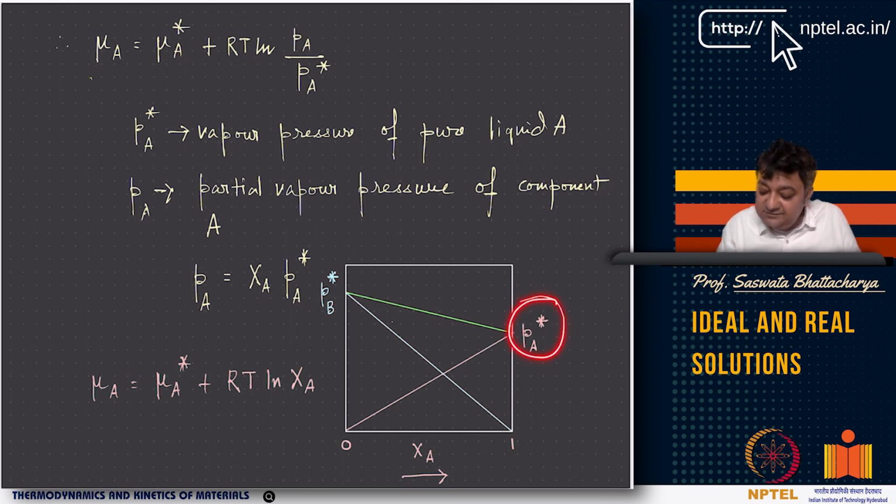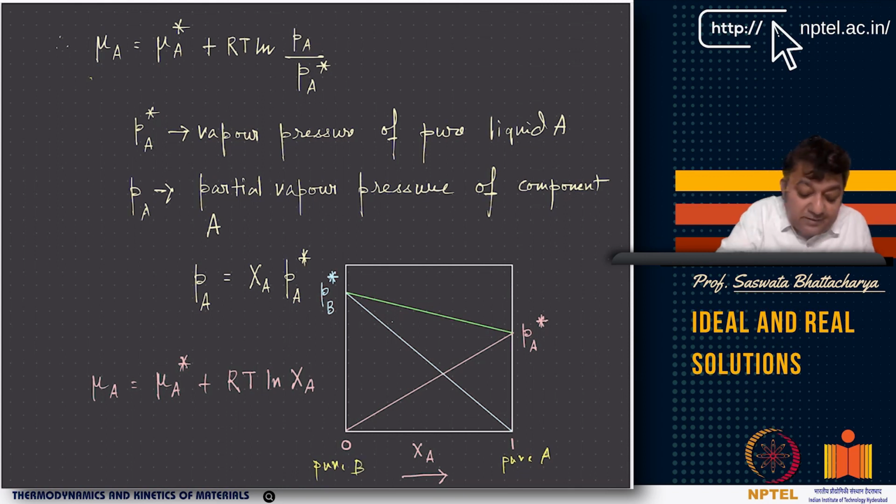And if you look at that, this is PA star, for XA equal to 1, that is pure A, and this is pure B. So there you have PB star, right? So if you have pure B, you have PB star, you have PA star here, and this is the XA, how it is changing.